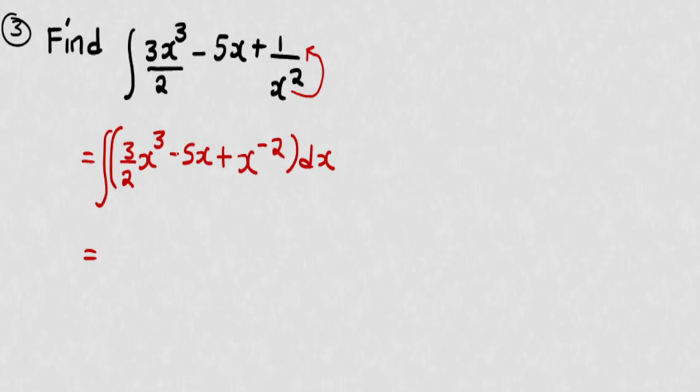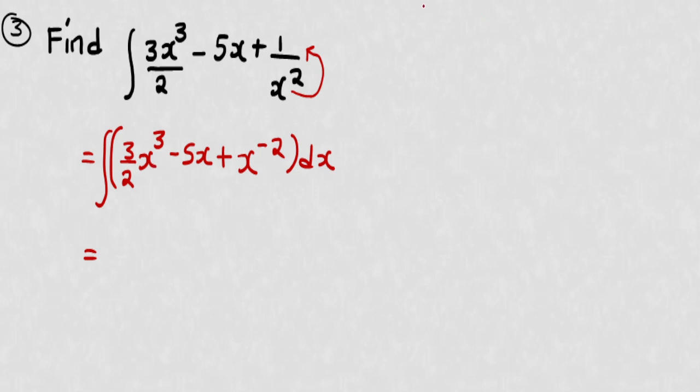So what is 3 times 3 over 2? Oh, sorry, you just made a mistake. We're integrating and not differentiating. And like I said, with integration, we are dividing instead of multiplying.